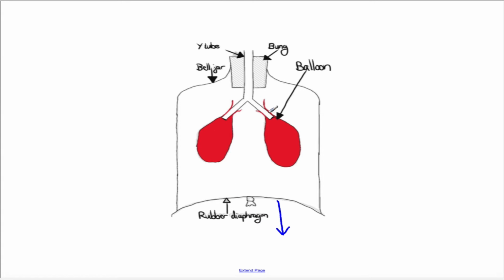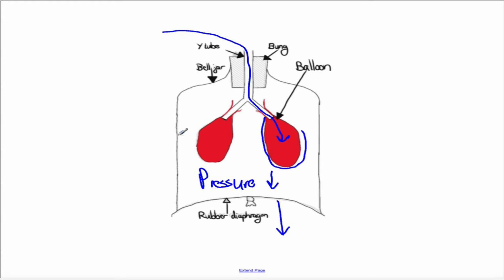As you pull it downwards, the volume inside this area is going to increase overall, therefore the pressure will decrease. So if the pressure is decreasing, then the pressure inside this area is less than in our atmosphere, in our environment, so air is going to rush in through that tube, and the other way, and into these balloons, and therefore these balloons will slightly inflate.